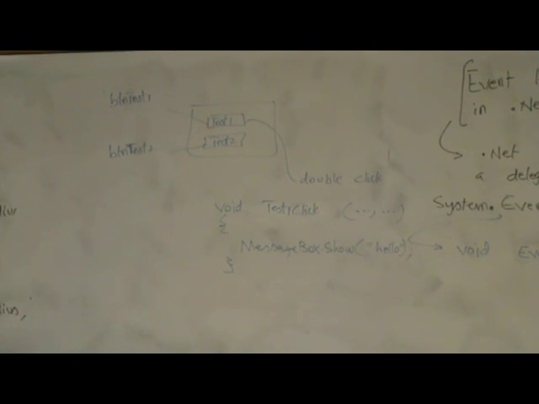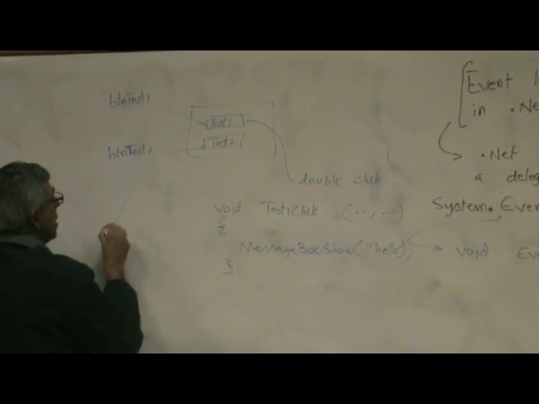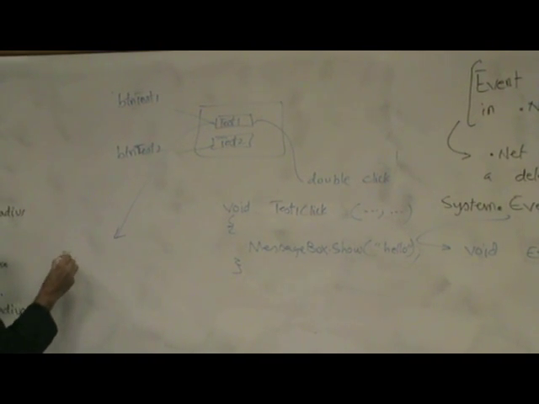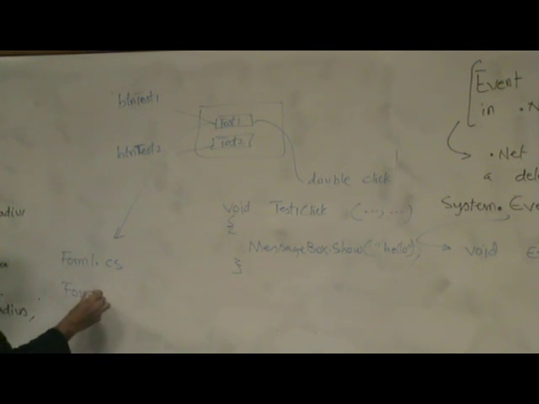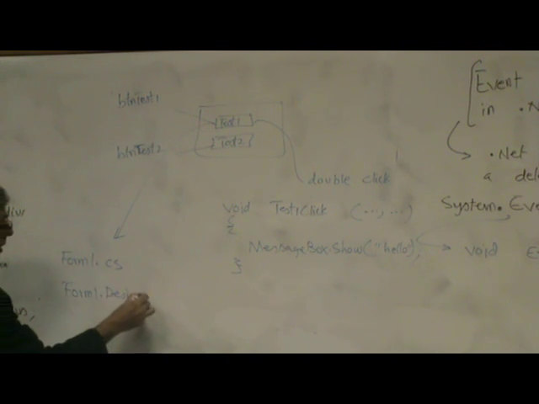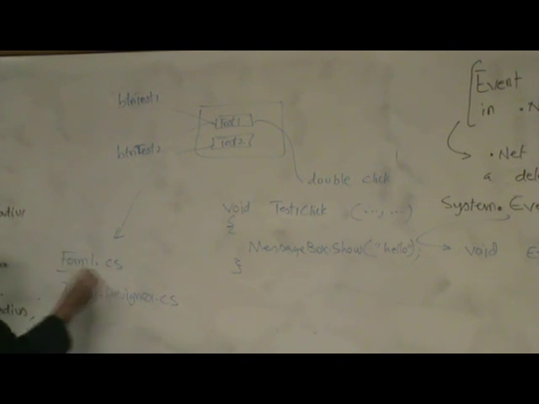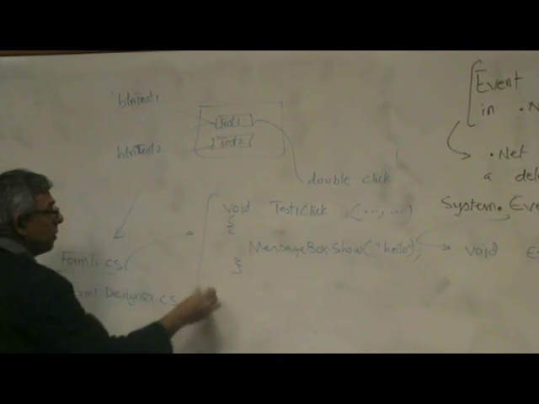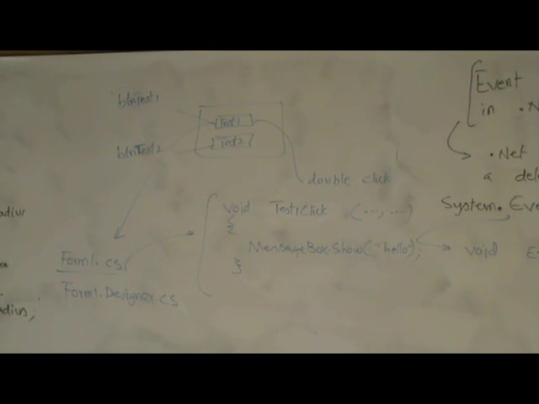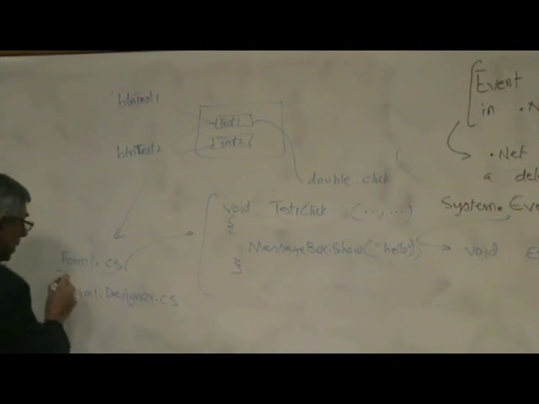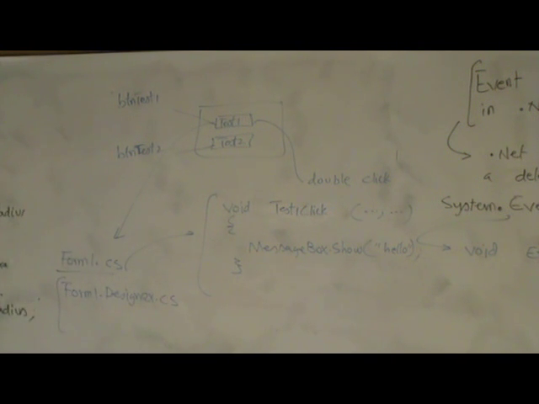And the reason is, whenever you double click on a button, remember we have two pieces of code, form1.cs, and there's also form1.designer.cs. Whatever event handlers we write go in this file. Whatever button we create or double click, whatever Visual Studio is generating the code, so this is Visual Studio generated code.